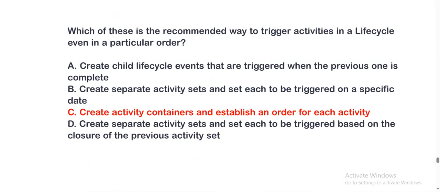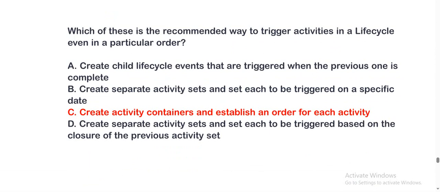Next question is, which of these is the recommended way to trigger activities in a life cycle event in a particular order? And the options are: option A, create child life cycle events that are triggered when the previous one is complete.